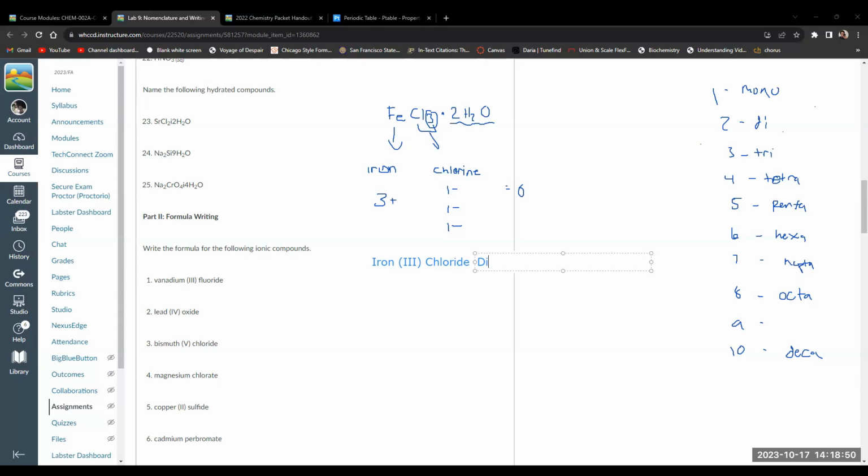And then all we're going to do is add hydrate. The hydrate indicates that the compound itself is being hydrated. So again, 2 means di, and the water is hydrate.